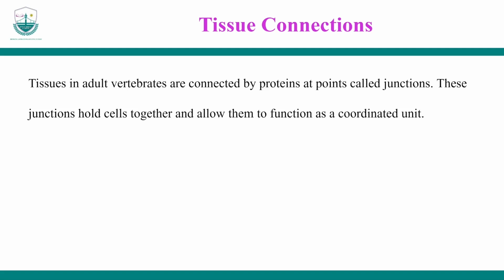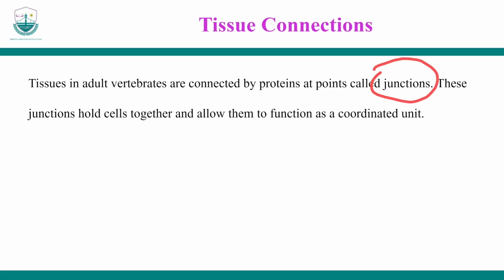So we have said that tissues are basically a group of similar cells that perform a particular function, or a specific function. And we have noted that these cells are physically linked. Some of these cells are linked by what we call cell junctions.